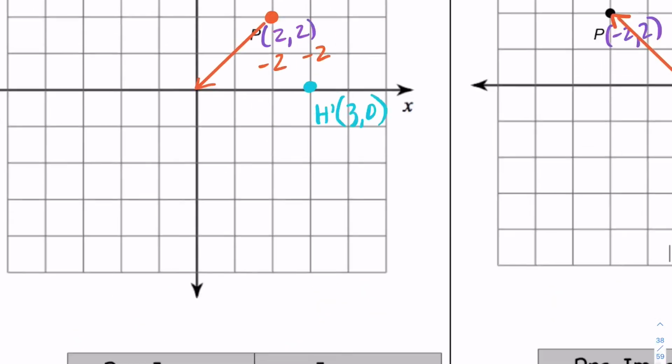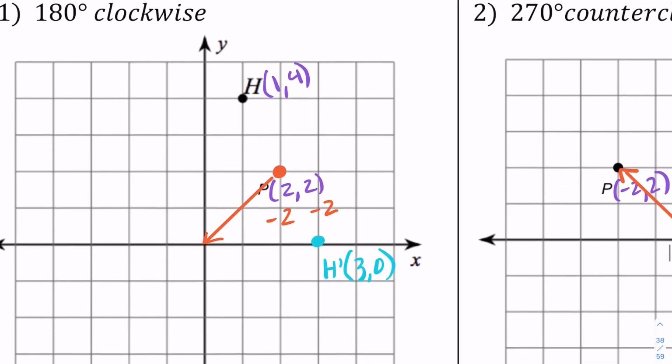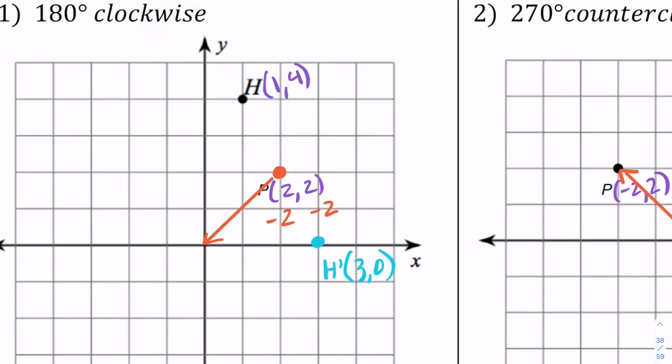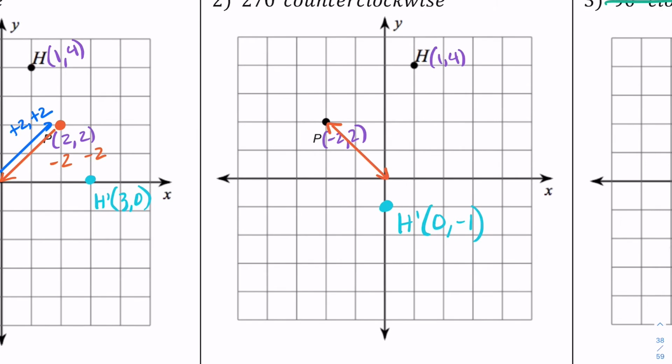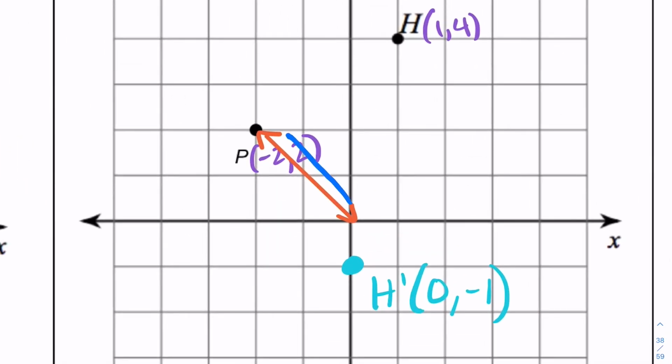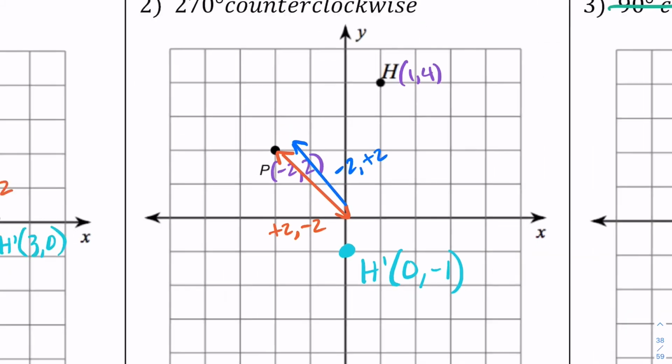We'll do blue. And then here's the blue. And now this one is going to be -2, +2. Where this one was +2, -2.